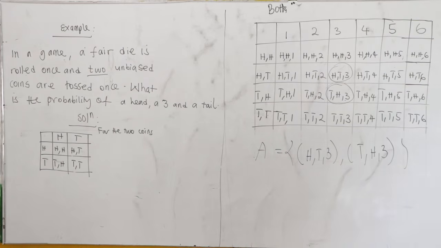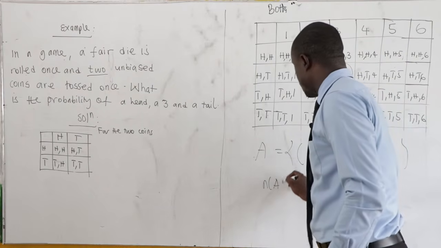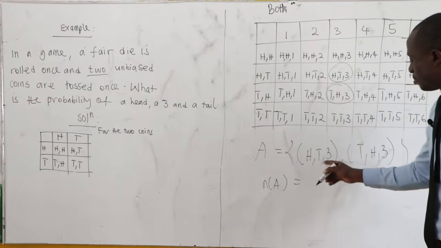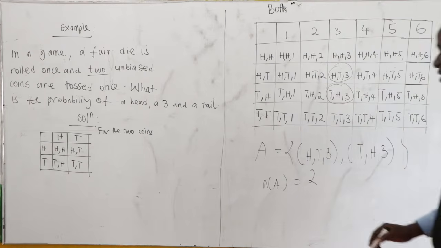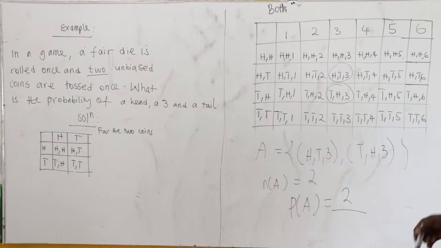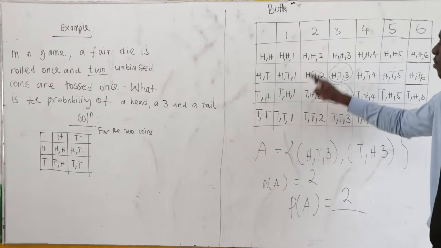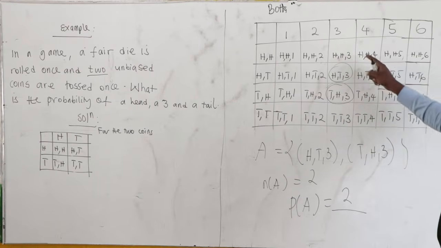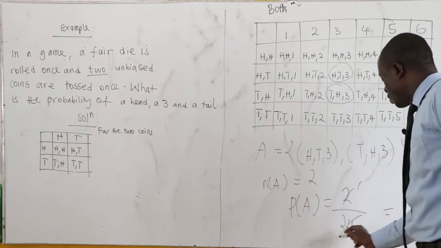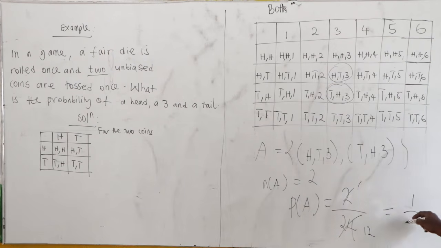But here we have 2 tails, so it's not part. So the number of elements in set A is 2. The probability of A is 2 all over the total sample space, which is 24. 2 over 24, 2 going into 24 is 12, so you have 1 over 12.